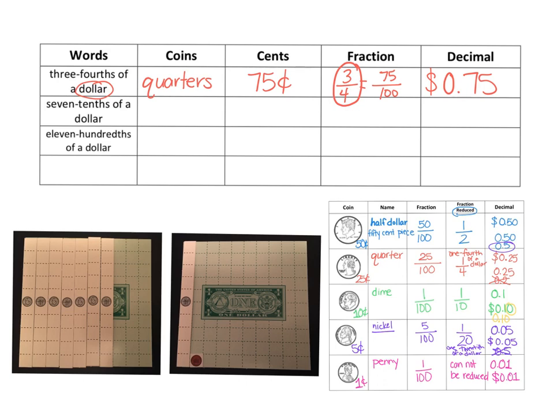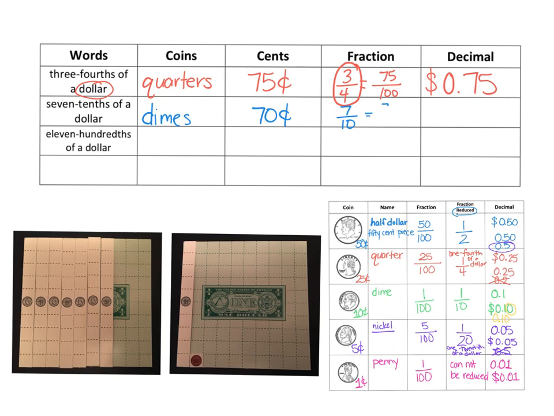So when we did 7/10ths of a dollar, we used dimes. We know that 7/10ths of a dollar, you can count it down here, is 70 cents. The fraction would be 7 out of 10, because there are 7 dimes out of the 10 possible that there could be.